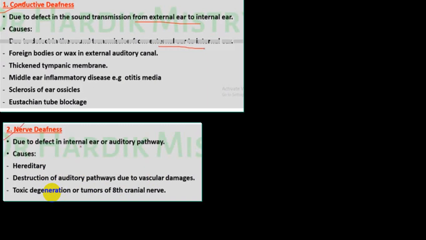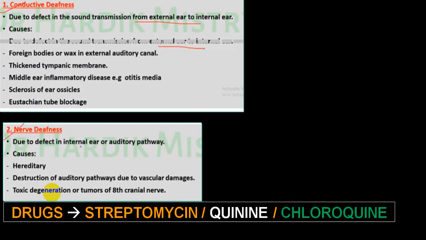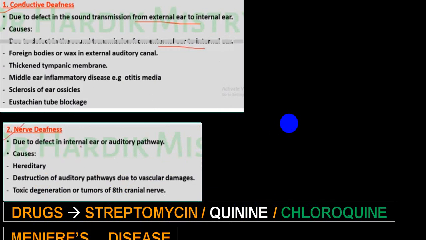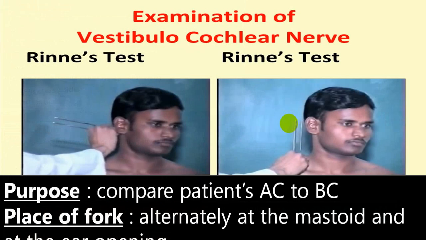So in this condition you can have nerve deafness. And don't forget Meniere's disease. In Meniere's disease you will have nerve conduction deafness. Drugs like streptomycin, quinine, chloroquine will produce nerve conduction deafness as well as damage to even the vestibular apparatus. And Meniere's will also produce damage to both the vestibular as well as the cochlear division.